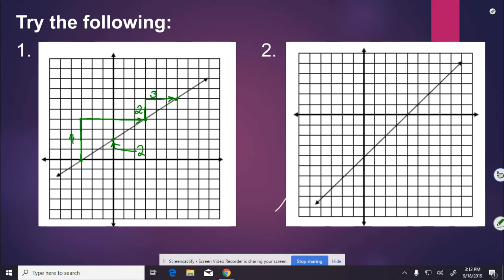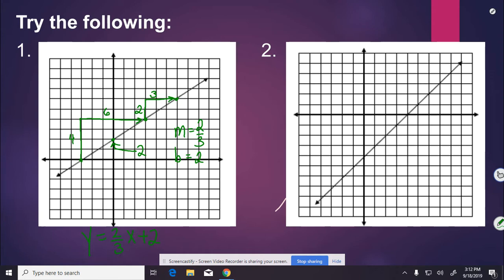This would be 4, and this would be 6. But 4/6 simplifies to 2/3. So you just want to simplify it if you have a larger triangle. So in this case, our m is 2/3, and our b is 2. So our equation is y equals 2/3 x plus 2.